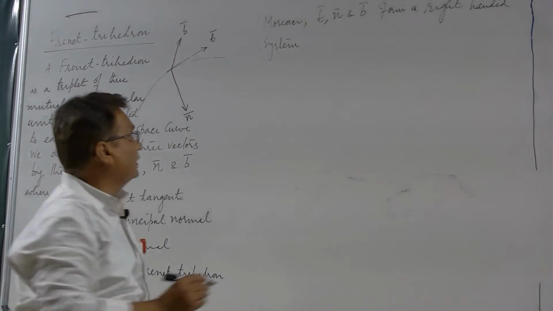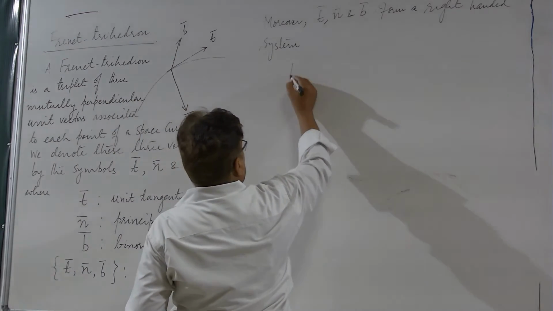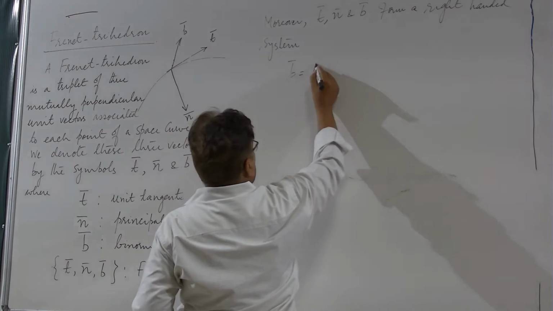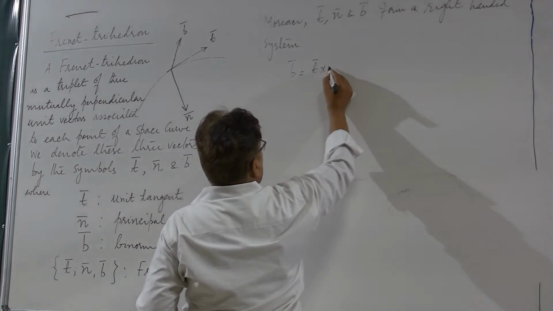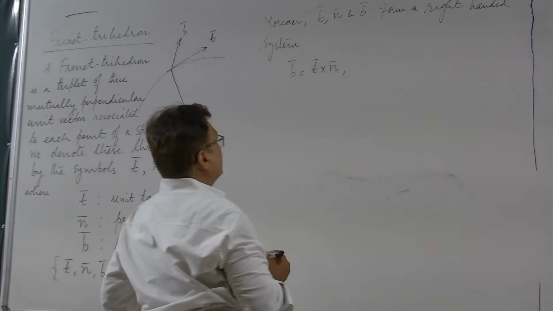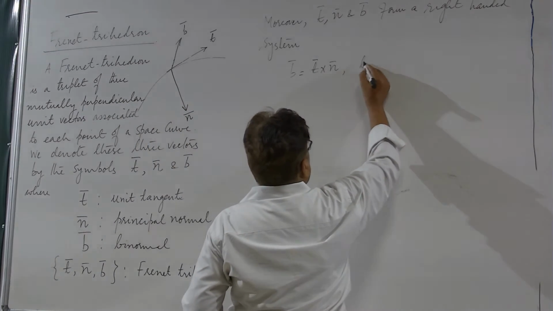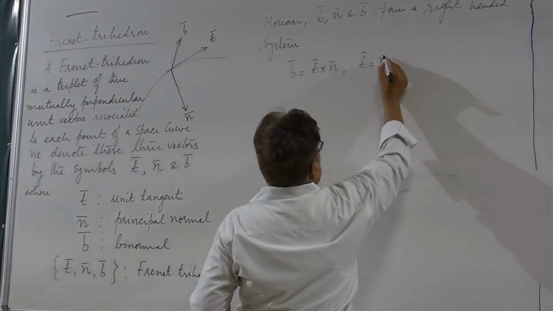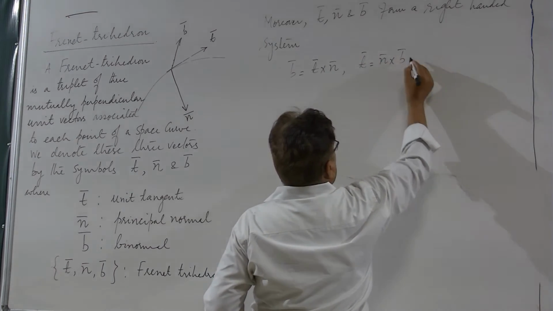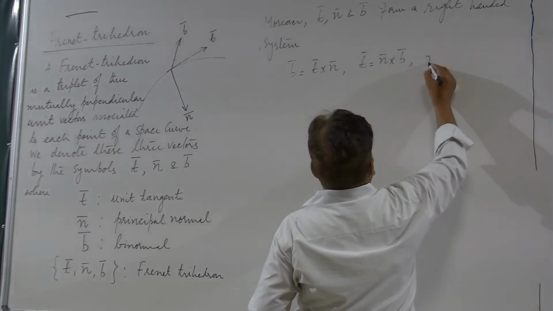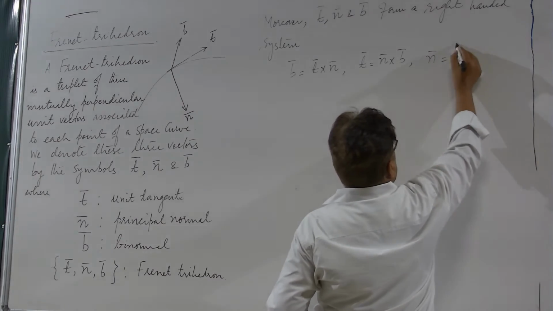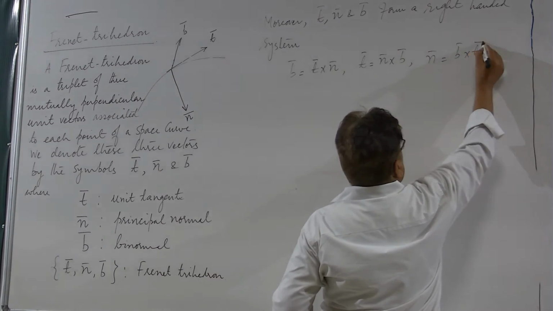That means that the vector B is in fact the cross product of T and N, vector T is N cross B, and vector N is equal to B cross T.